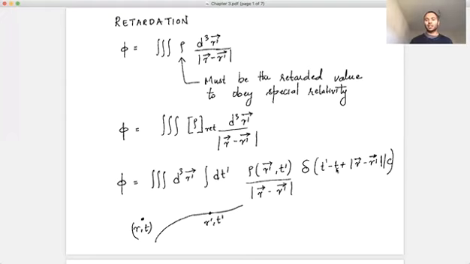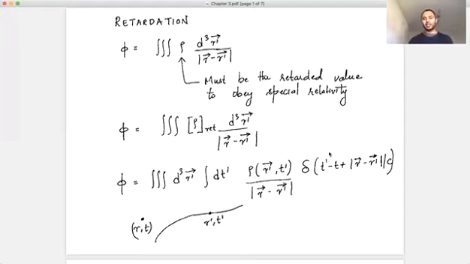Okay, so when the time is equal to the time t prime, you can think of t prime as the time of emission. By emission I mean the time at which whatever the charge is doing finally gives you an effect at the observer at time t. So that difference in time should be equal to the time it takes for light to travel from the charge to the observer.